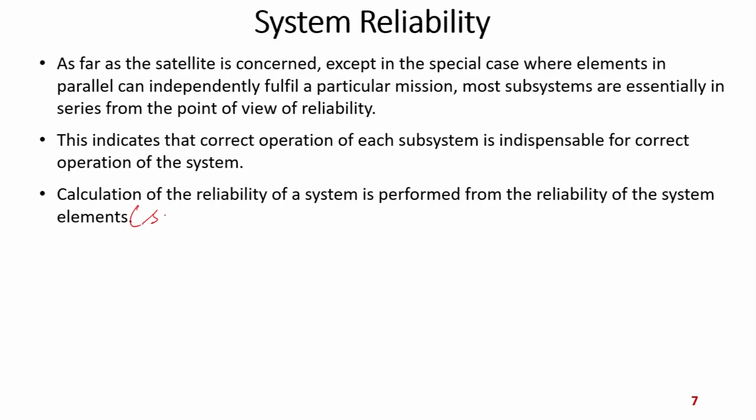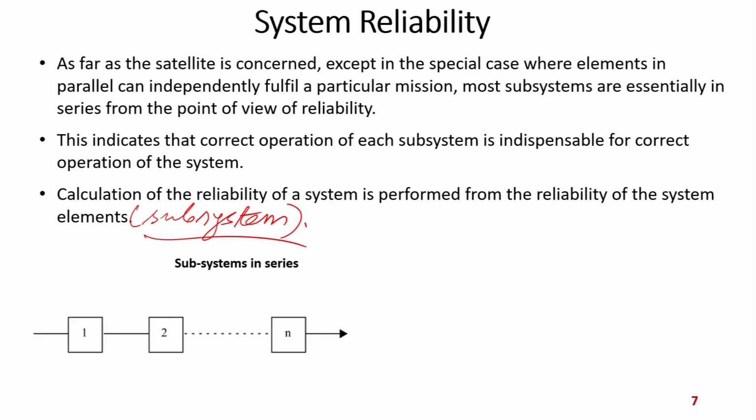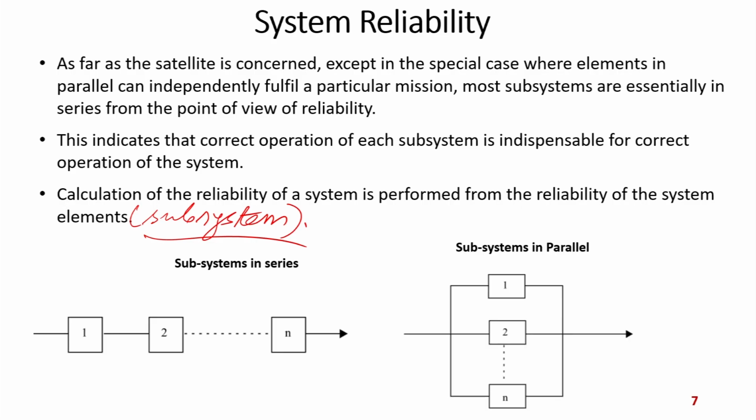System element means the subsystem. I already said all these are in series. So, whenever the systems are in series, if any one fails, this total chain will fail. Now, subsystems in parallel: parallel means you can just consider a typical input and output.